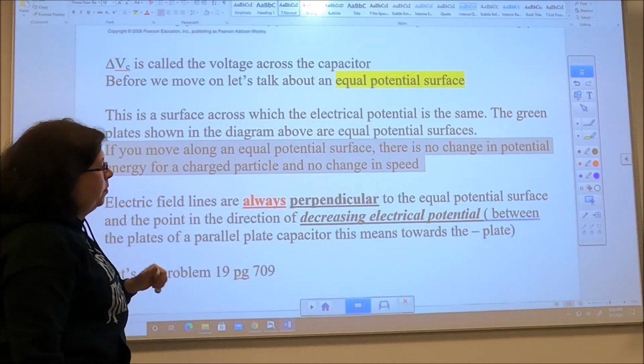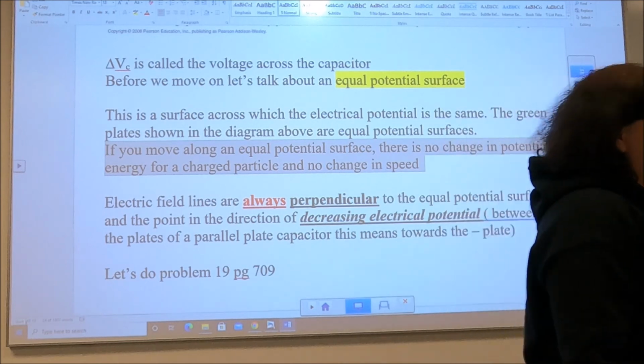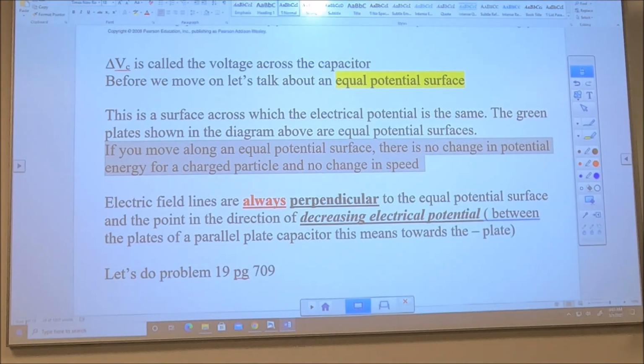Now, an equal potential surface is a surface along which the electrical potential is always the same. So the dotted lines up above, or those green plates in the last diagram, were equal potential surfaces.